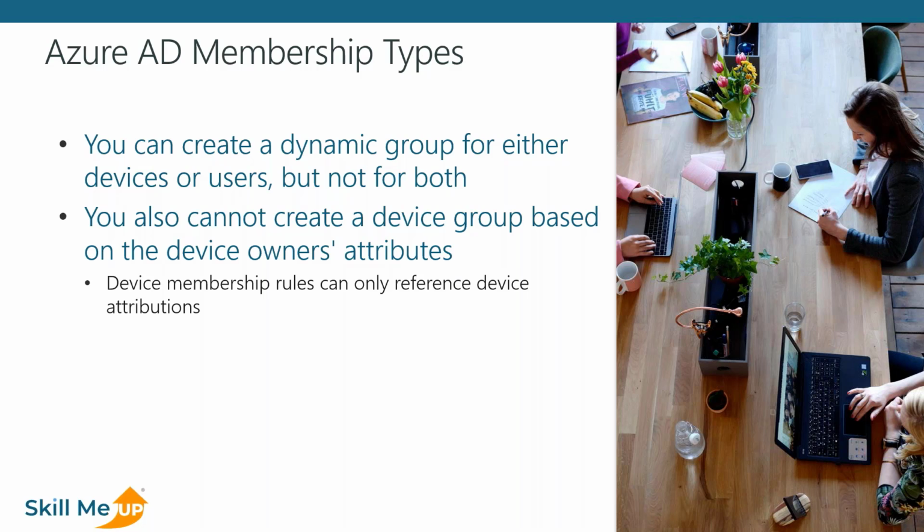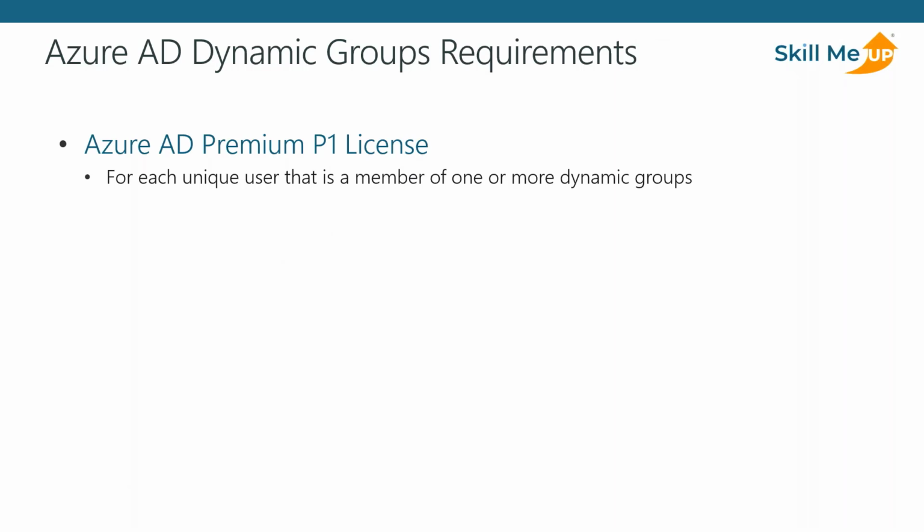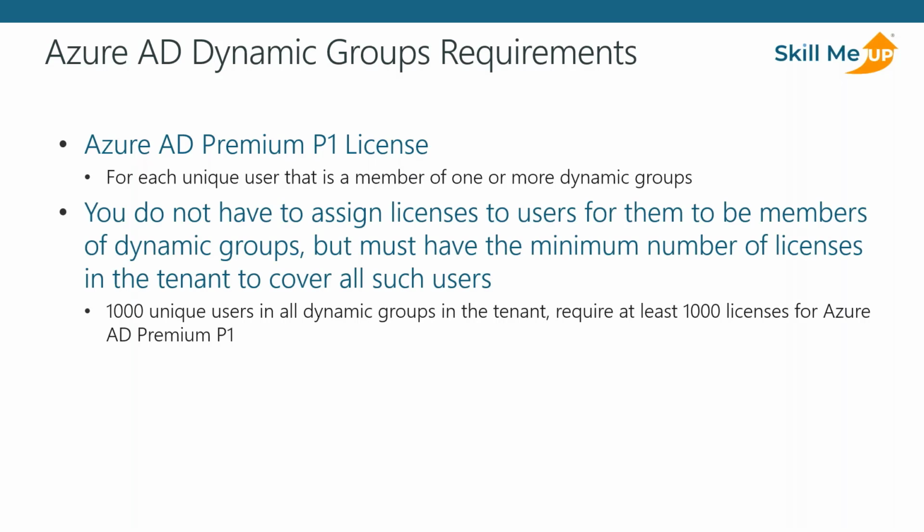Now, in order for you to use those dynamic groups, there are some specific requirements. The first one is a license one. You will need an Azure AD Premium P1 license for each unique user that is a member of one or more dynamic groups. This will be questioned on the exam as well. You don't have to assign licenses to users for them to be members of a dynamic group, but you must have the minimum number of licenses in the tenant to cover that.